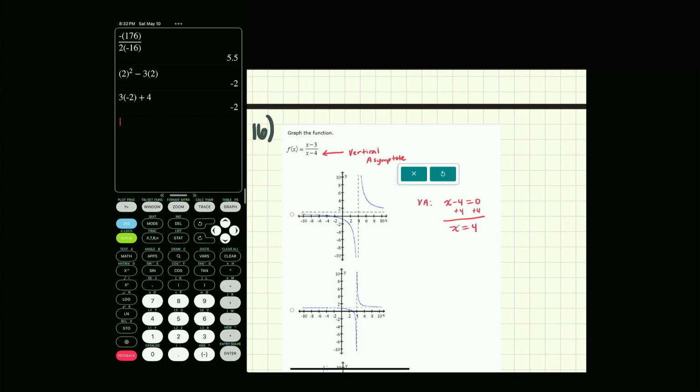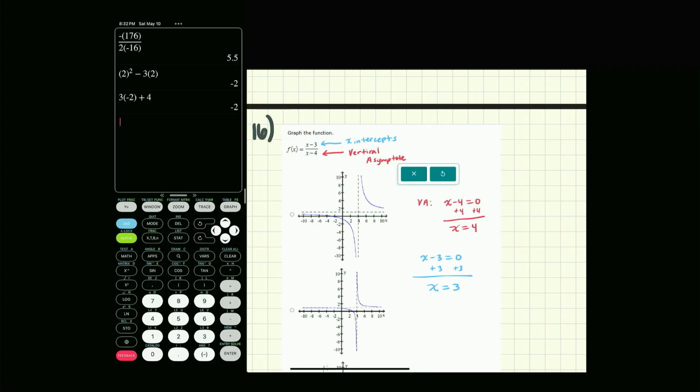The numerator gives us our x-intercepts. So if we set this numerator equal to 0 and solve it, that gives us x equals 3.